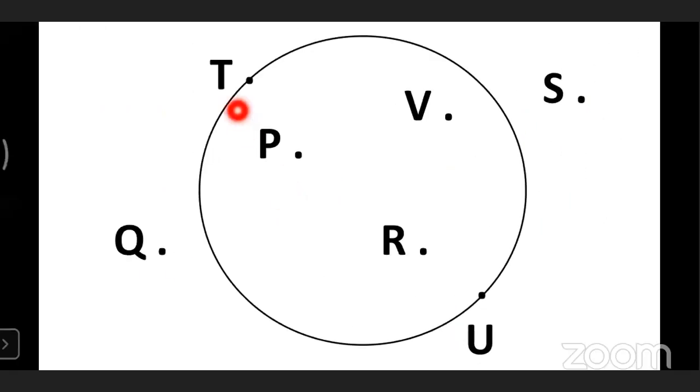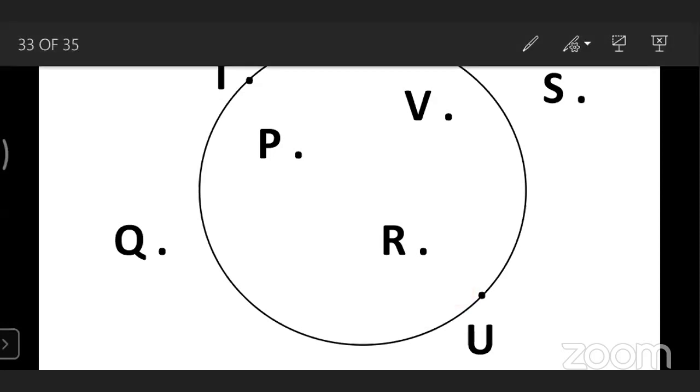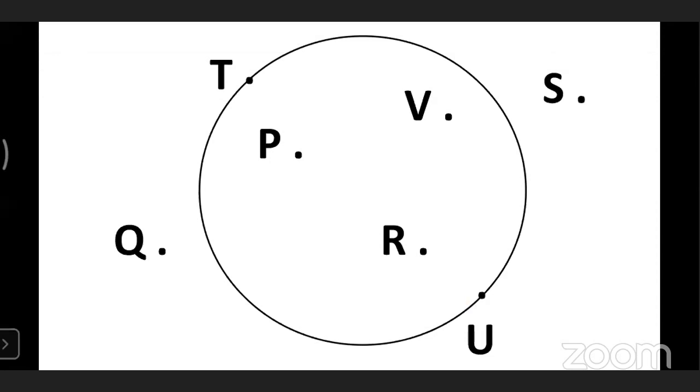And the point T and point U: these are the points on the circle. Very good, students. Very nice. You all are good students. Do you understand this? Interior, exterior, on the boundary? Yes.